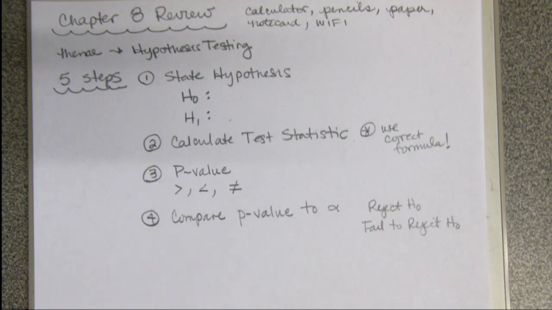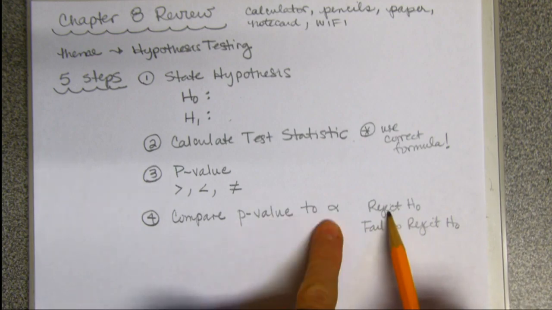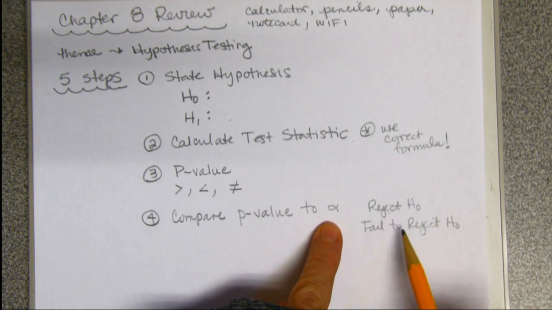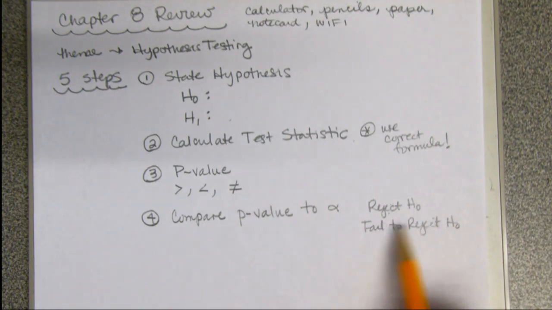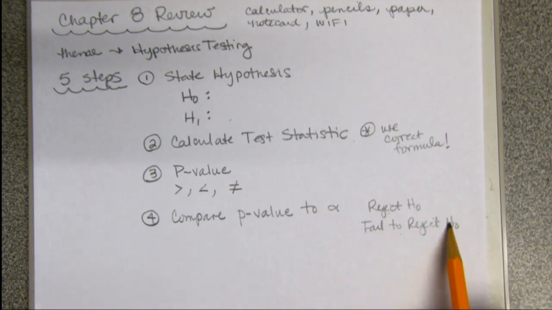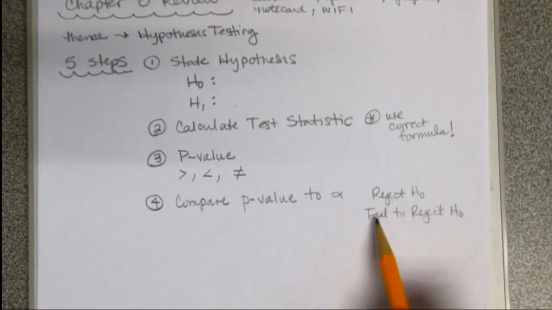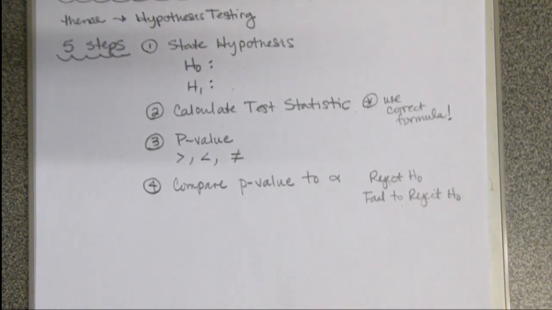Remember, if p is less than your willingness to make a mistake, you will reject. But if p is greater than alpha, then you will fail to reject. This double negative, I wonder if it's gotten any of you. I almost wish it said accept, but it's not necessarily accept, it just means that you fail to reject, which is a little bit different than accepting, but I don't like the double negative here, and I wonder if it's caught any of you guys off guard.